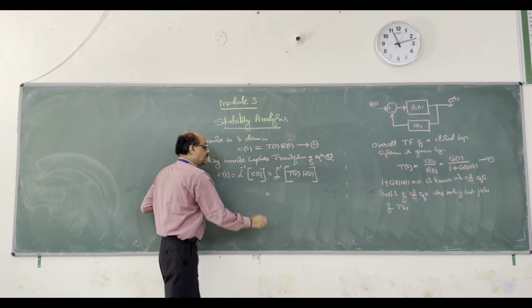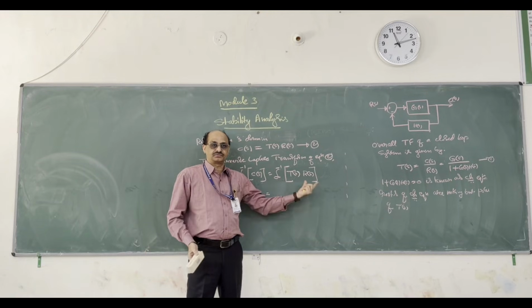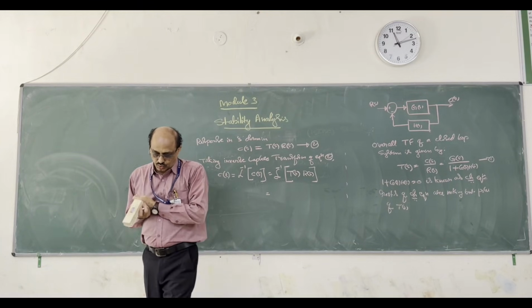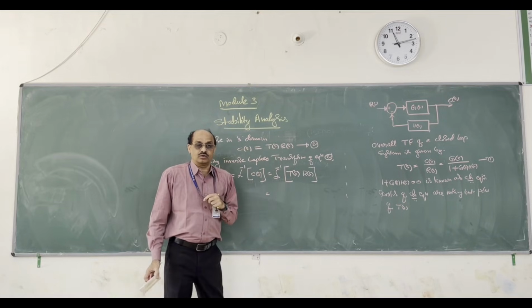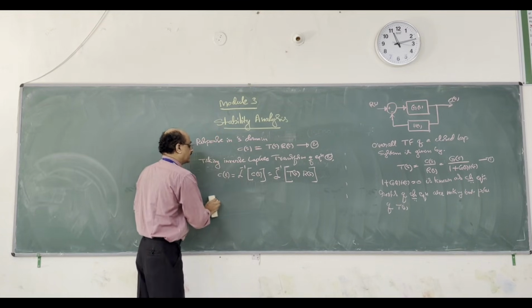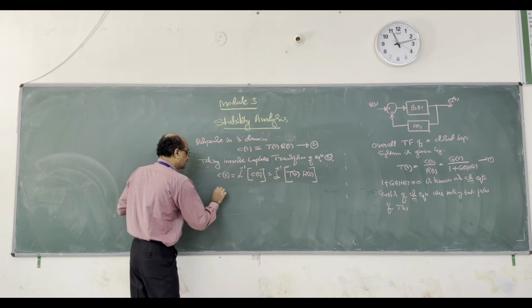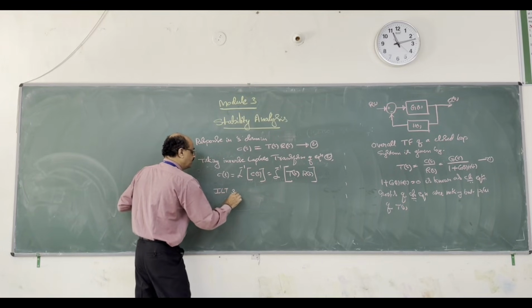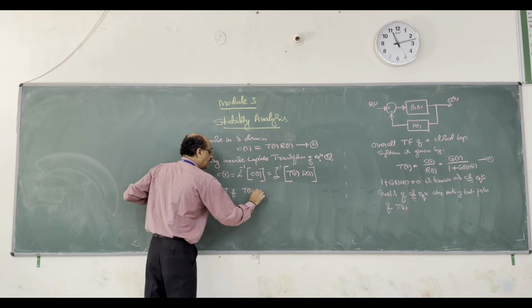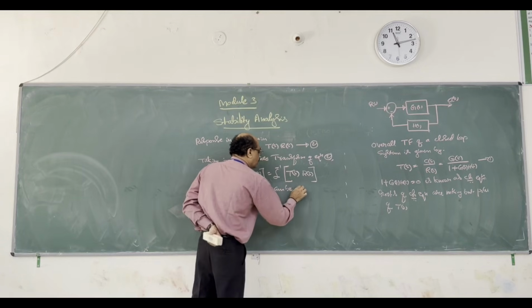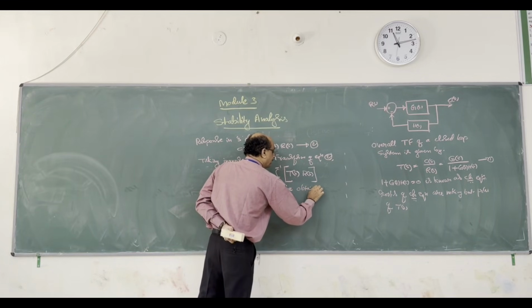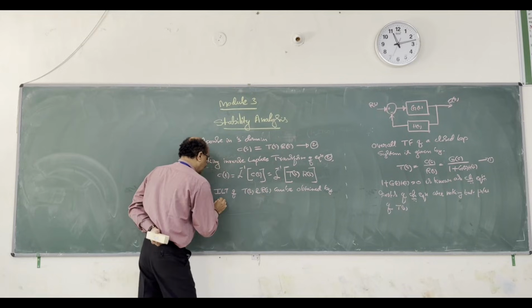The inverse Laplace transform of the product of two functions in the S domain can be obtained by the convolution integral. So the inverse Laplace transform of T of S and R of S can be obtained by convolution.